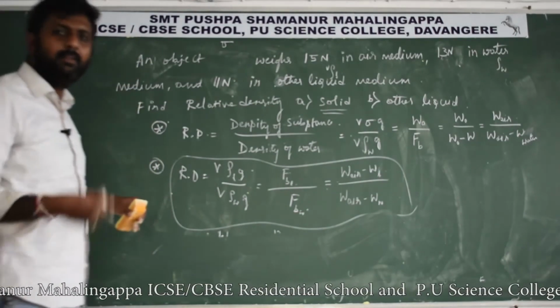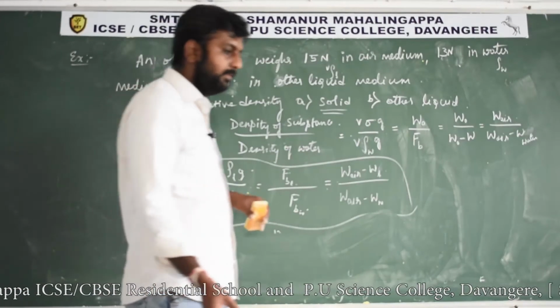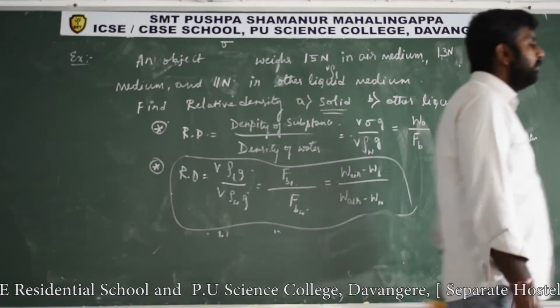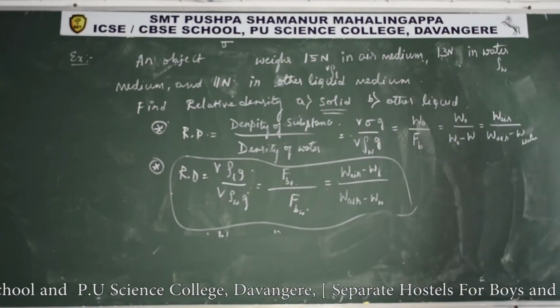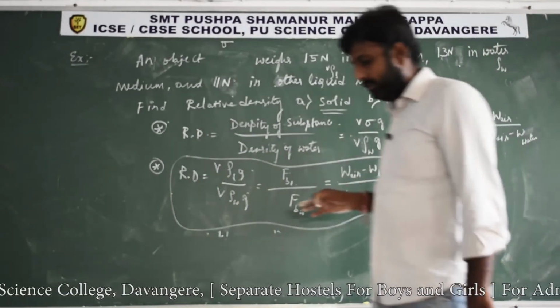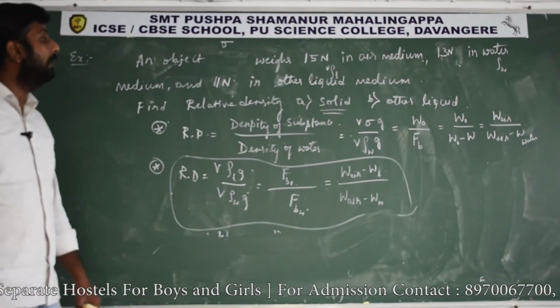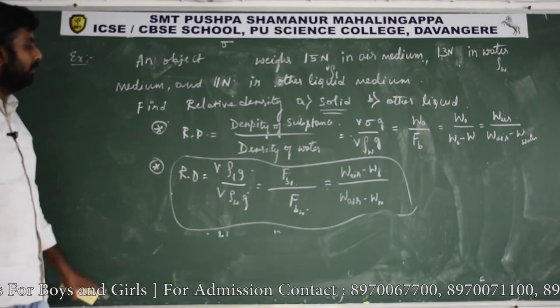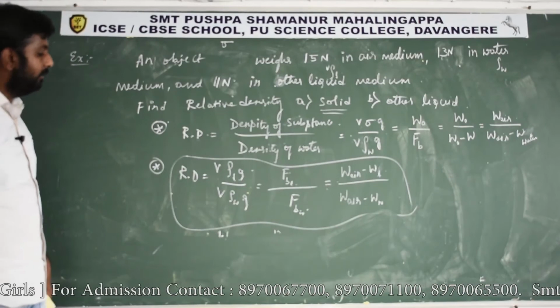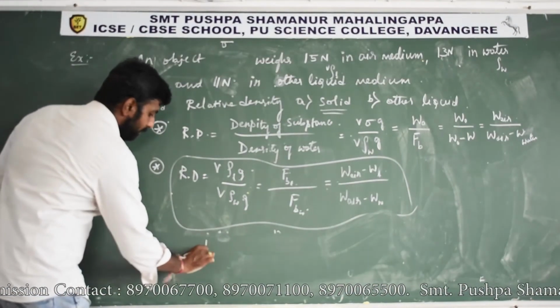I have just changed the numerical values. In place of g I have written Newton. So now you have to find the relative density of the solid and the other liquid.